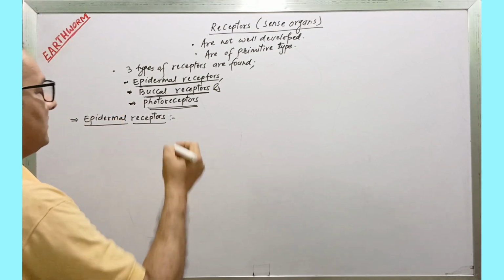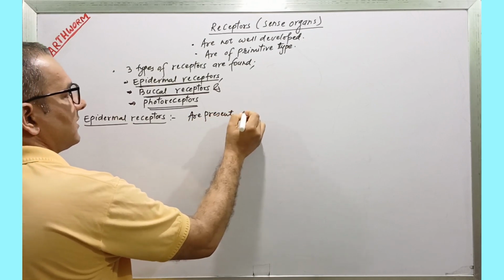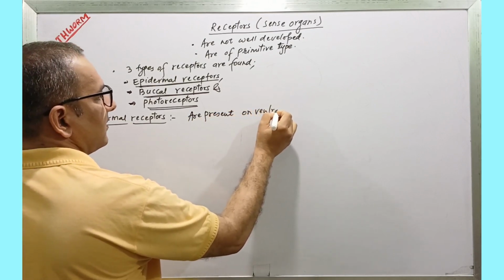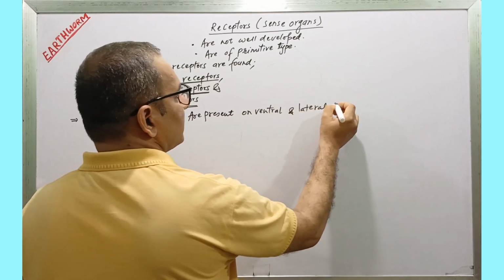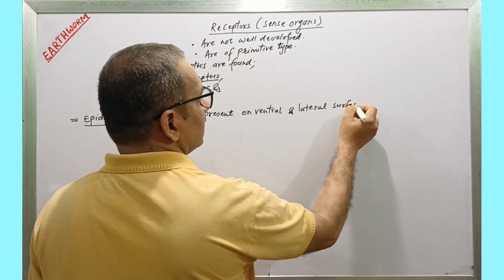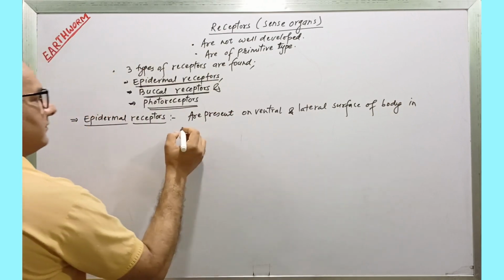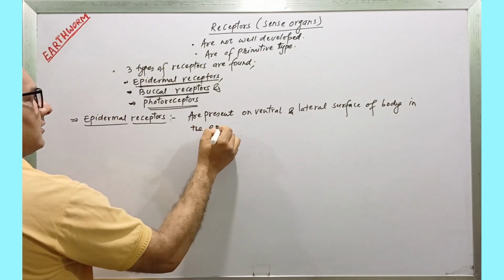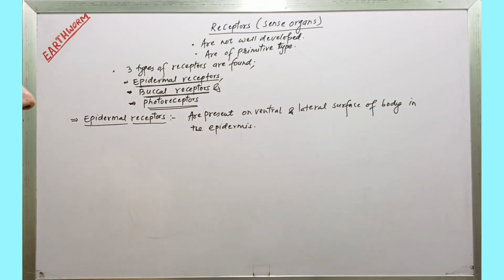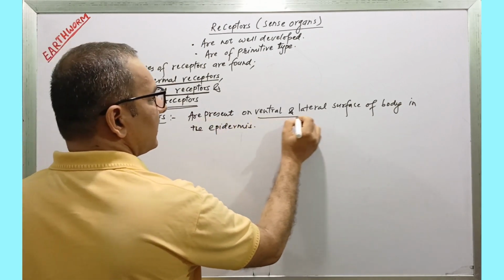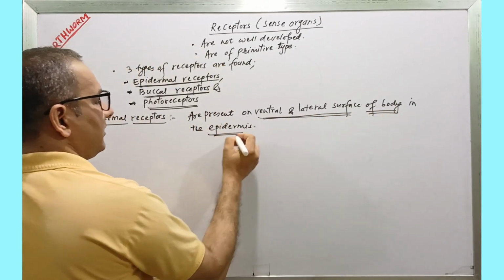So they are present on the ventral and lateral surface of the body wall, in the epidermis.